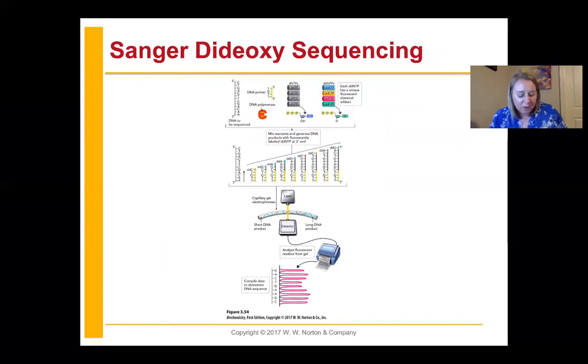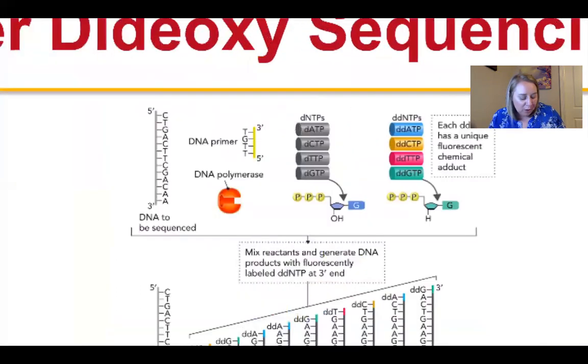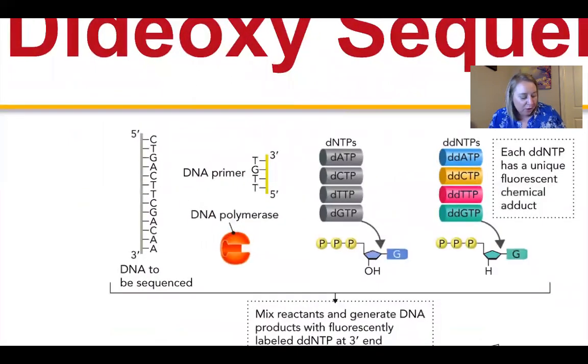Okay, so one thing to remember: I said NTPs. What is an NTP? It's any nucleoside triphosphate. So adenine triphosphate, guanine triphosphate. It's any nucleotide, okay? So what do you start out with when you're doing sequencing? You're going to start out with a single-stranded template DNA.